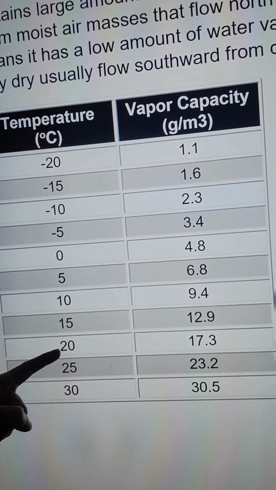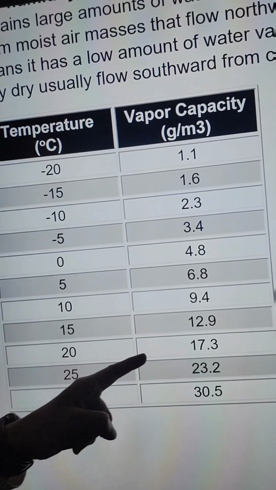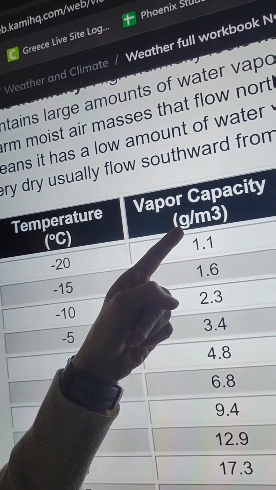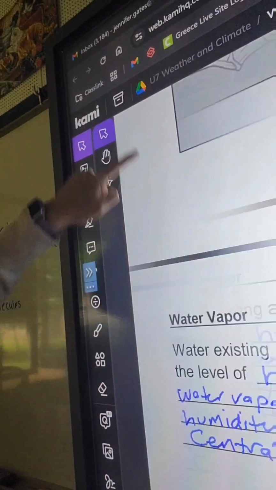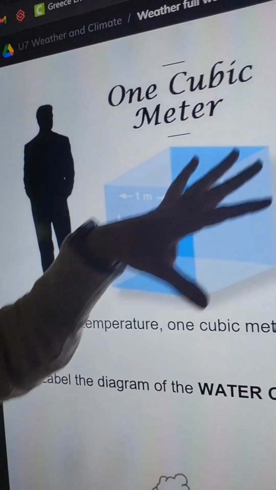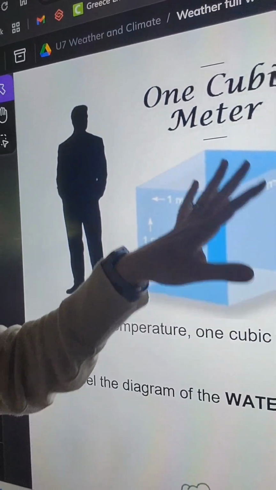The amount of moisture that it could hold is 17.3 grams for every cubic meter. And a cubic meter looks like that, right? If we had an amount of air that big at that temperature, it would hold that much moisture. But we can't feel that. All we feel is how much is there compared to how much could be there.